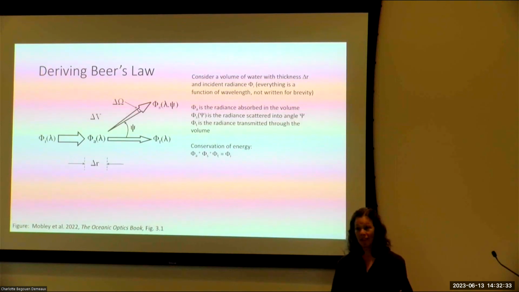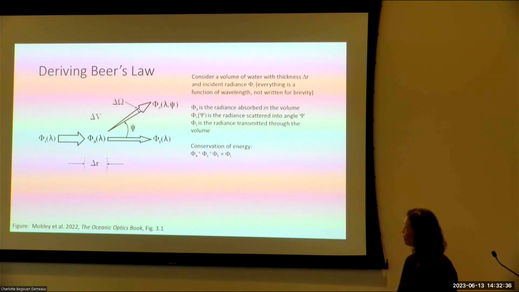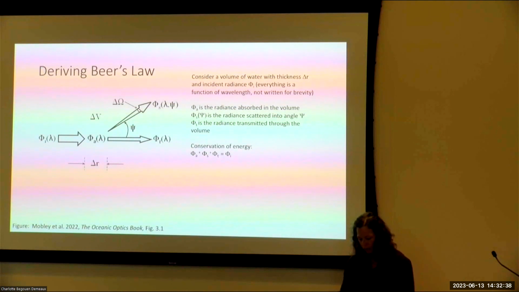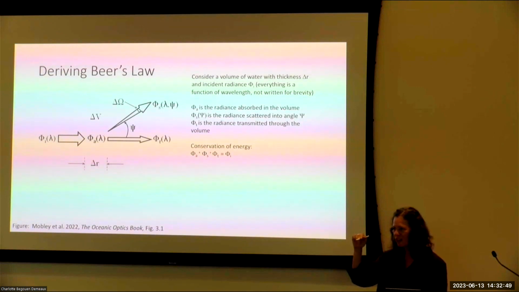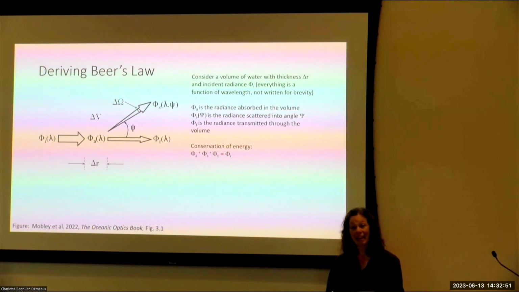So we can derive this, which I'll walk you through here, for a theoretical volume of water. This is the diagram on the left-hand side. The gray shaded box is our theoretical volume with some absorbing and scattering substance in it.